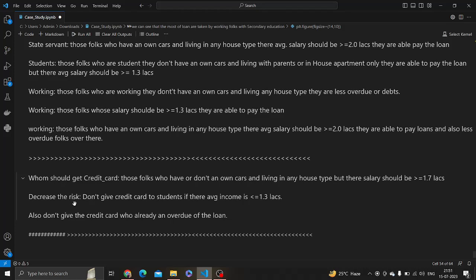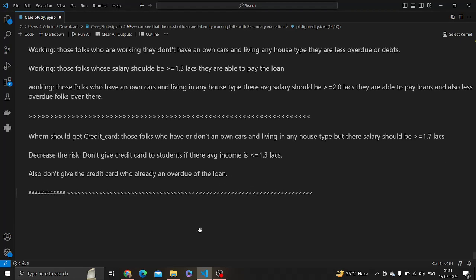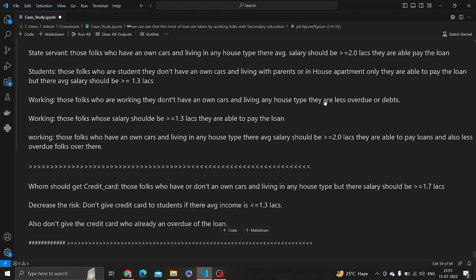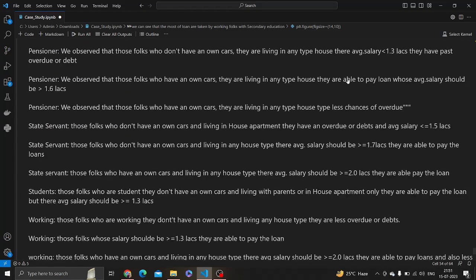And to decrease the risk: don't give a credit card to a student if their average income is less than or equal to 1.3 lakhs, and also don't give a credit card to those who already have an overdue of the month. That is my analysis, and as per this analysis, the company shortlisted me.